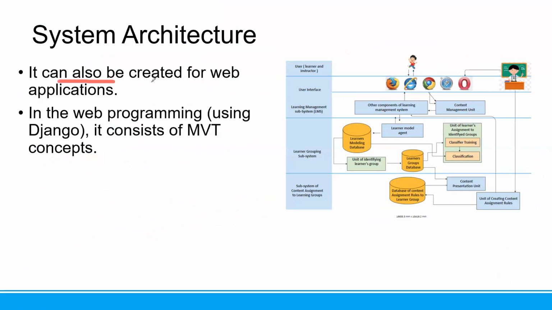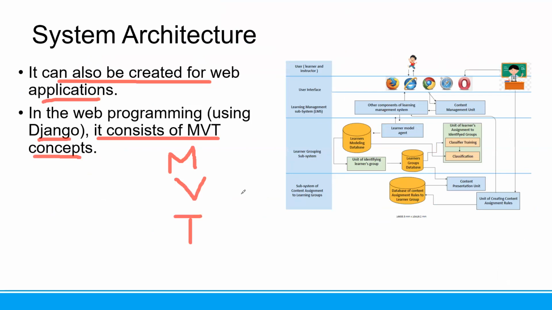It can also be created for a web application. So you can use the system architecture to draw the web application. So in this case, the web programming, we are going to use Django, and we are going to show the MVT concepts. So we are going to show the M, which is the model, and then V, which is the views, and T, which is the template.